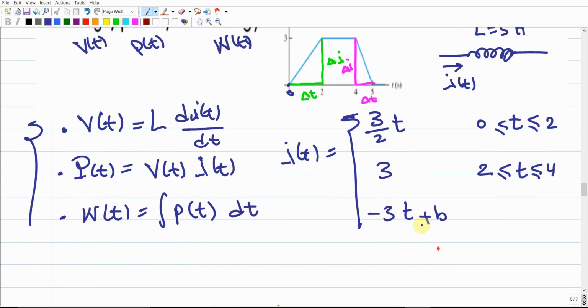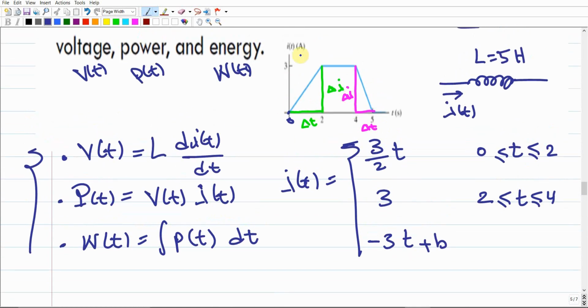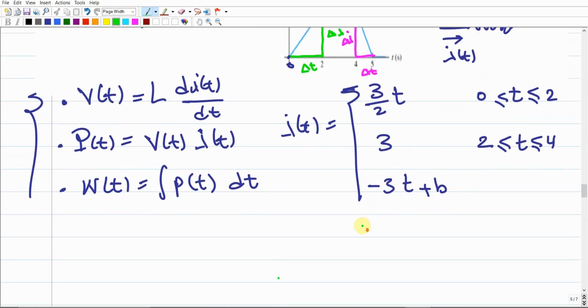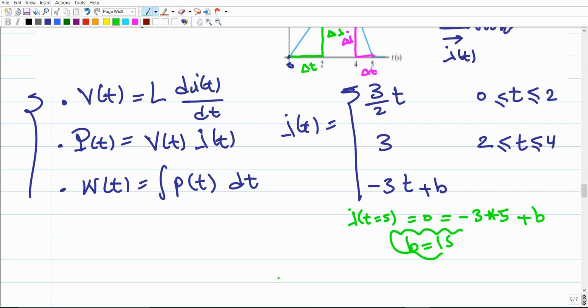How much is b? It should be calculated the simplest way, as usual, just by plugging t equals 5 into this equation, where the current should be 0 here. So if we substitute into this equation, the current at t equals 5 should be 0, which gives us negative 3 times 5, because the time is 5, plus b. So how much is b? We end up with b equal to 15.